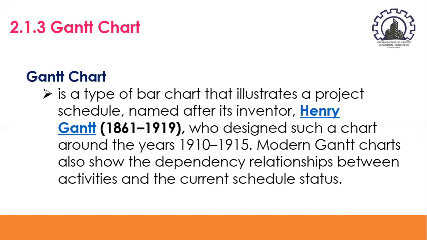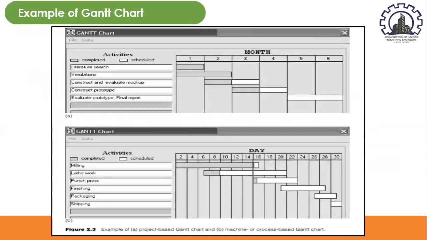Now, if a vertical line is drawn through a given date, you can easily determine which project components are ahead or behind schedule.